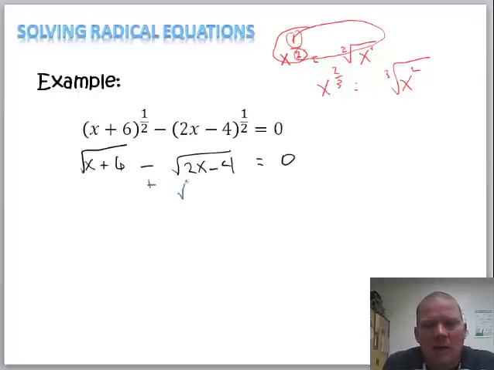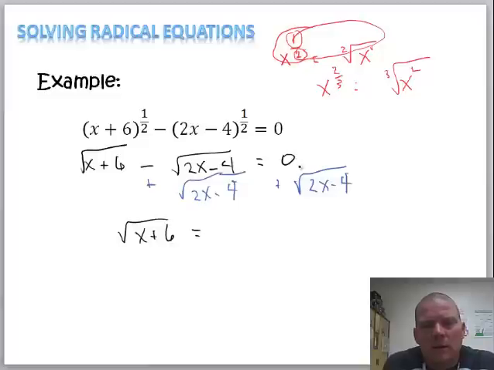So I'm going to add the square root of 2x minus 4 to both sides. Alright, and that leaves me with the square root of x plus 6 equals, now 0 plus that is just that. 0 goes away. This is the square root of 2x minus 4.